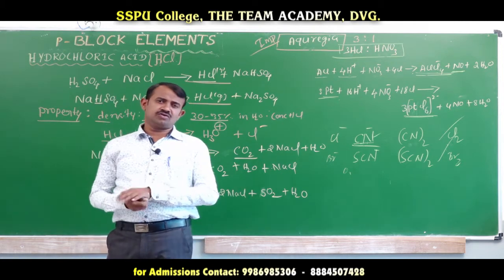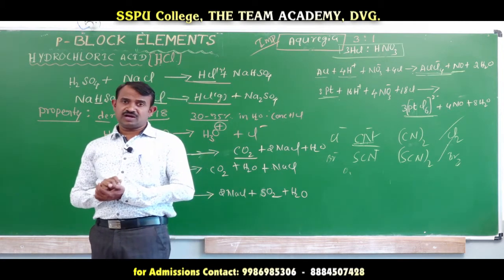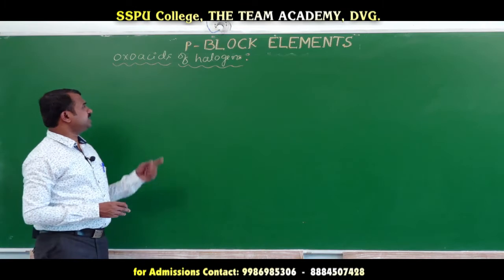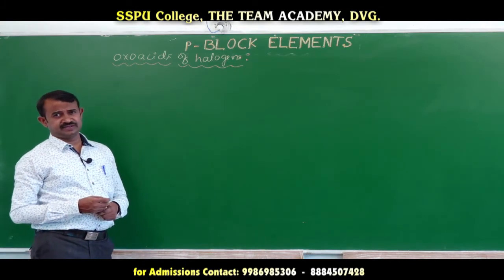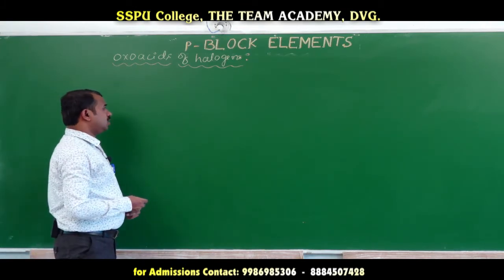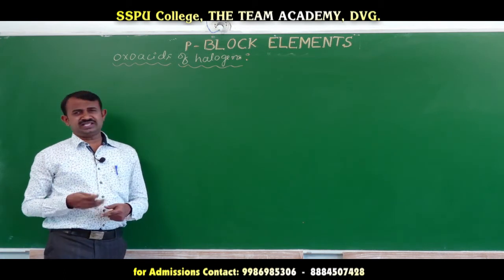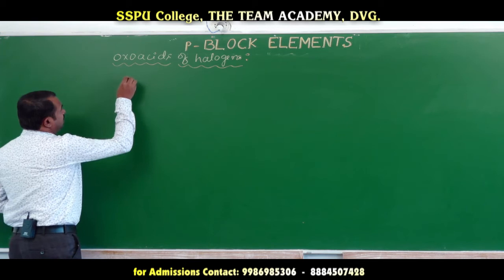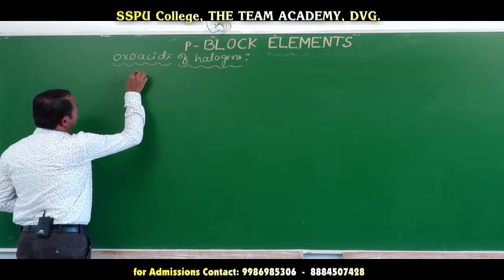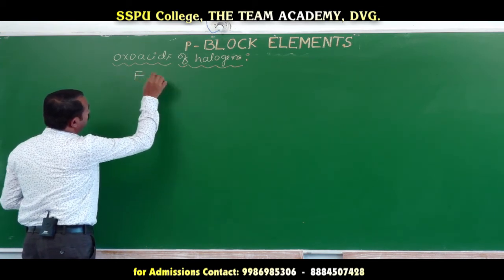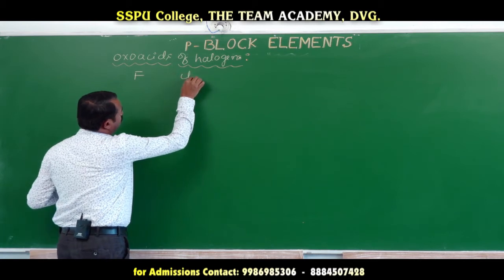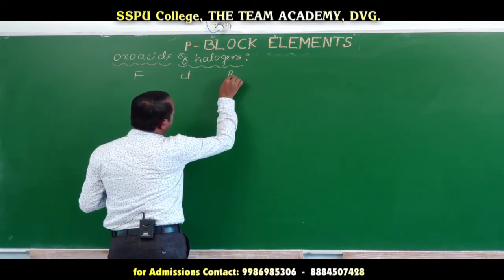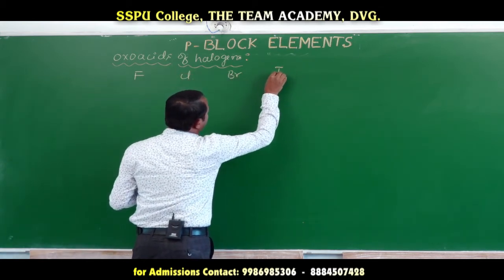Okay, next we will go to oxo acids of halogens. Oxo acids of halogens form when the halogen reacts with oxygen. The halogens are fluorine, chlorine, bromine and iodine.